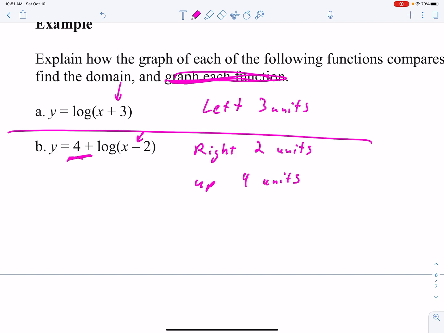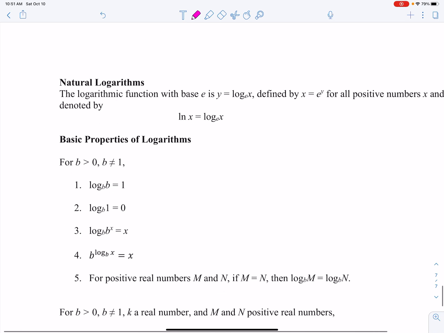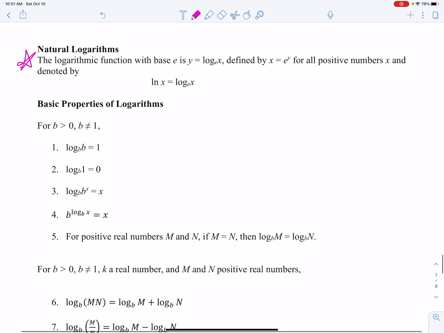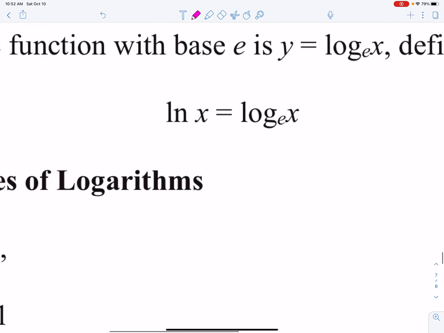All right. Next, this is a very, very important section here. Logarithms, natural logarithms especially. So properties of logarithms. The logarithmic function with base e is y equals log base e of x, defined by x equals e to the y for all positive numbers x, and denoted by, so this is the notation, ln.